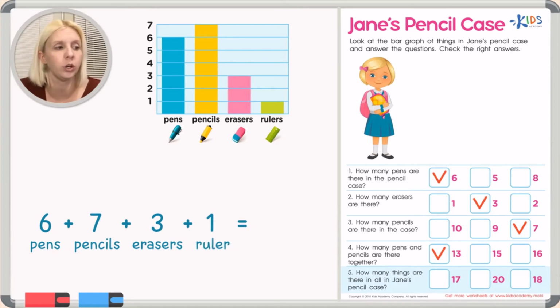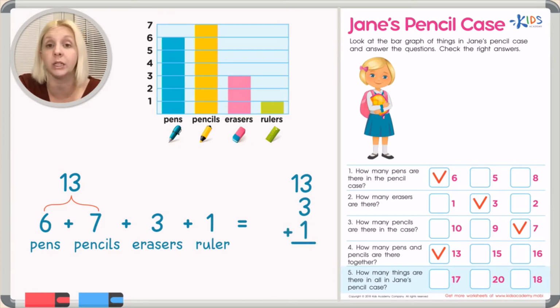So this is what we're going to do. The pens plus pencils, the 6 plus 7, we know that that is 13, right? So we're going to add on to 13. We're going to add 3 plus 1. So I'm going to write this over to the side. 13, which is our 6 plus our 7, plus 3 plus 1. Okay, and I'm going to write it this way so we can add it all up.